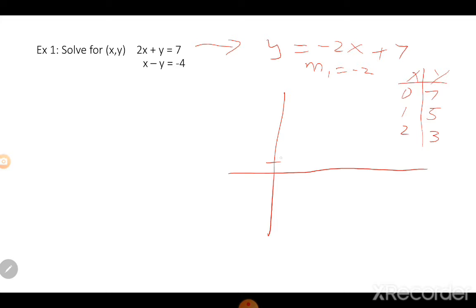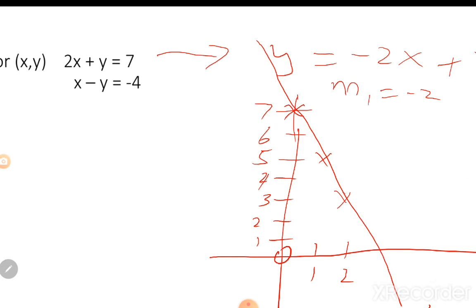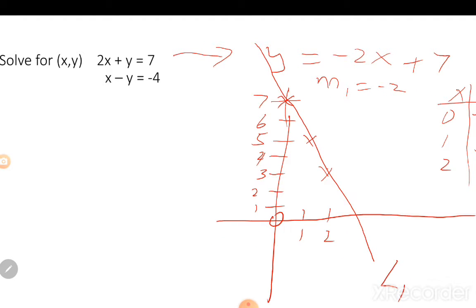So we have 0, 7, 1, 5, and 2, 3. So we have this line coming down here. So that's line 1.